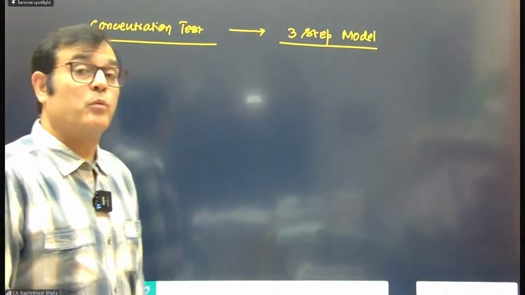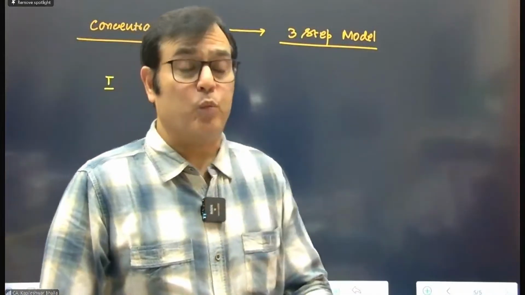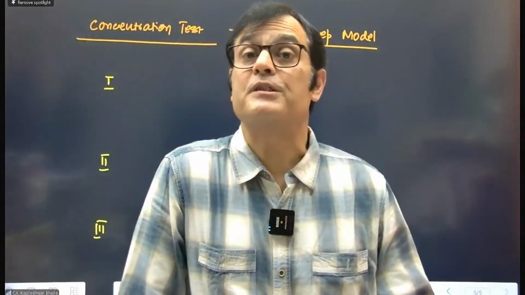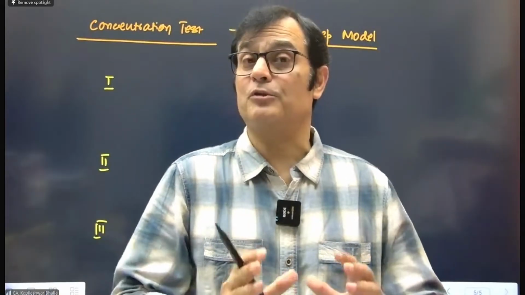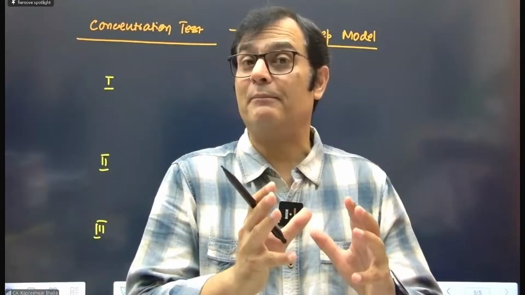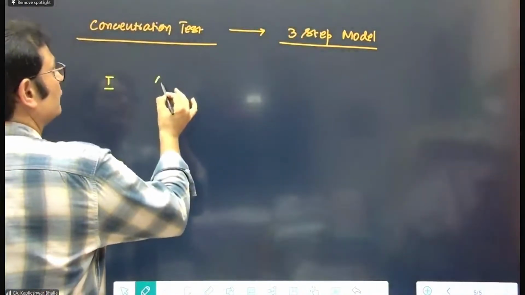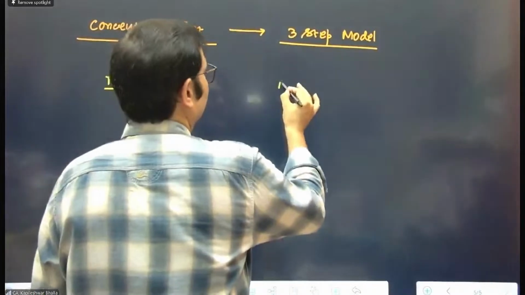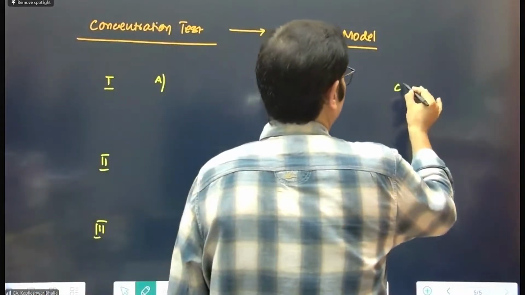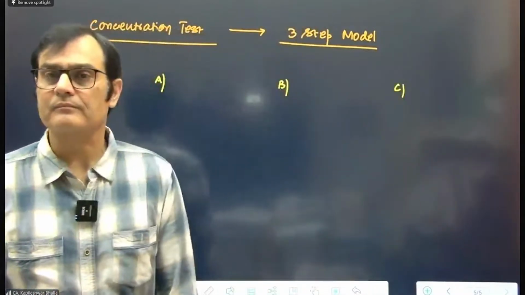As far as step number 1 is concerned, it's going to be divided in terms of 3 sub-steps. Go clearly step by step, and you'll never go wrong in terms of a calculation because you're concentrated in terms of each application of the step. So step number 1, we're going to divide in 3 parts. Step number 1A, step number 1B, and step number 1C.